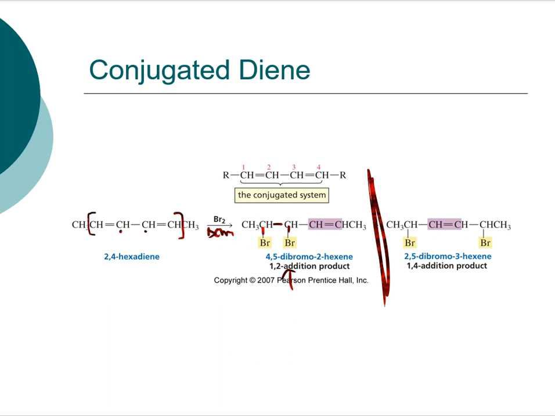So at spot 1 and spot 2 of that delocalized system, we get an addition product, and that addition product is the addition of Br on one and Br on the other. But delocalization can go forward. So this carbon can decide to flip the bond over. That creates a charge here, which is positive for a carbon.